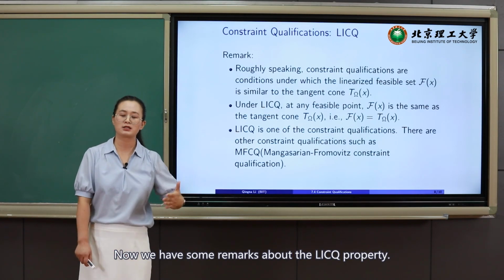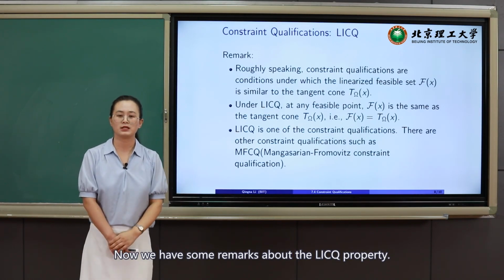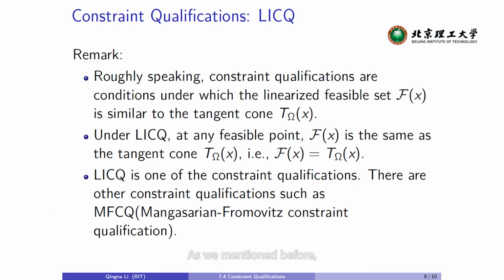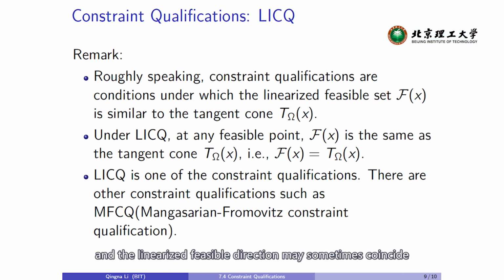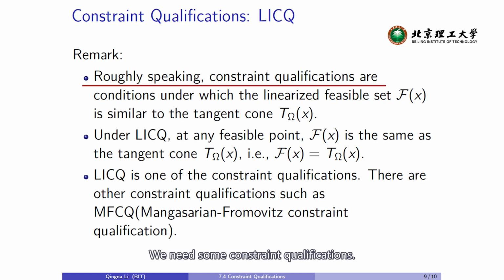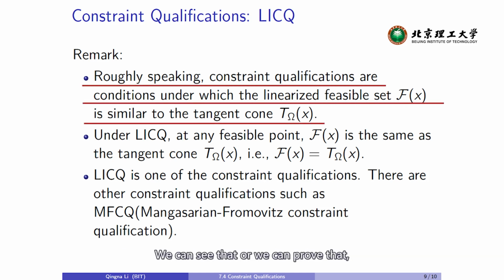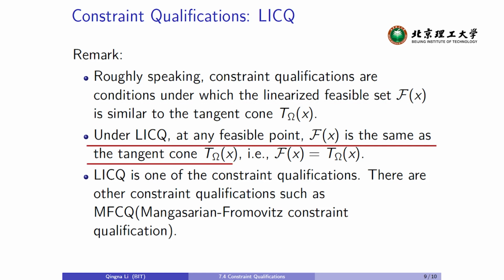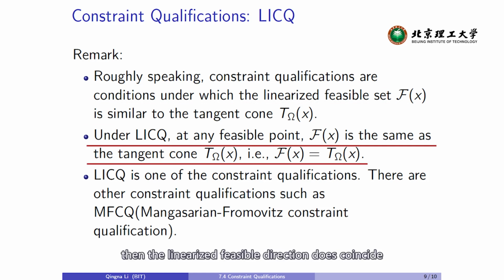Now we have some remarks about the LICQ property. As we mentioned before, the tangent cone and the linearized feasible direction may sometimes coincide with each other. So under what condition will they coincide? We need some constraint qualifications, and we can prove that under the LICQ condition, the linearized feasible direction does coincide with the tangent cone. This is a very helpful property.